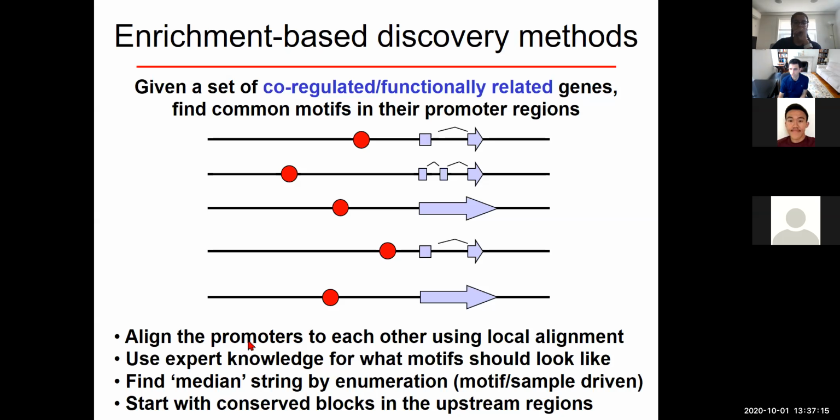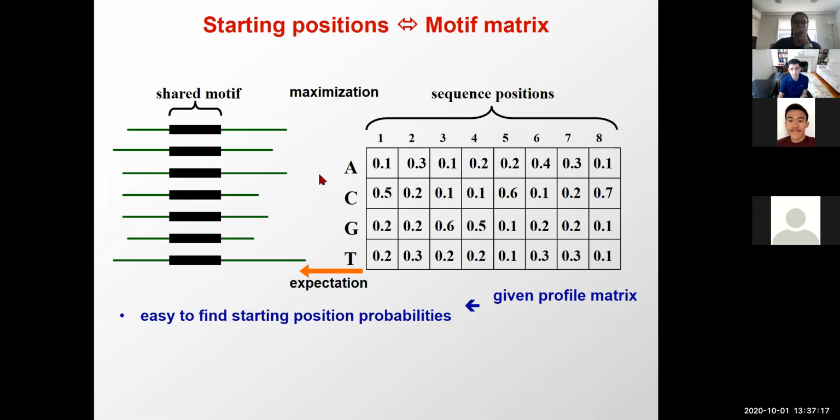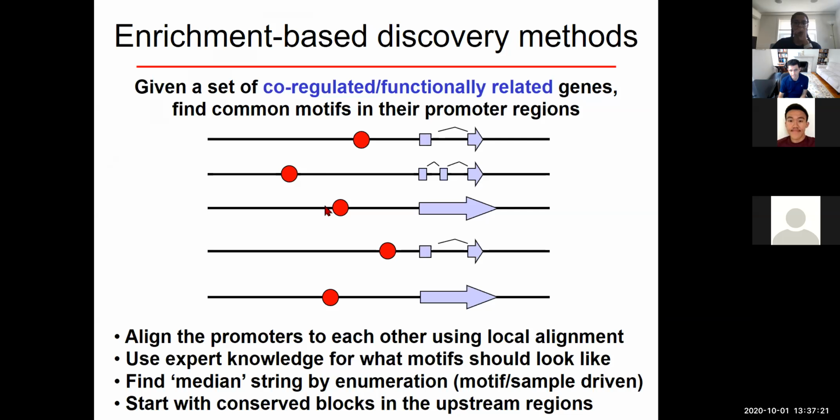So the technique that we're going to focus on first today is this expectation maximization approach, to basically say, well, if I knew the starting positions of my motif occurrences, it would be super simple to find the motif.